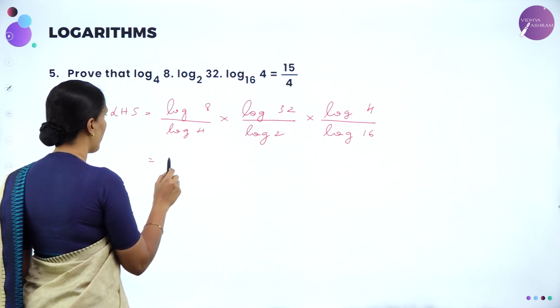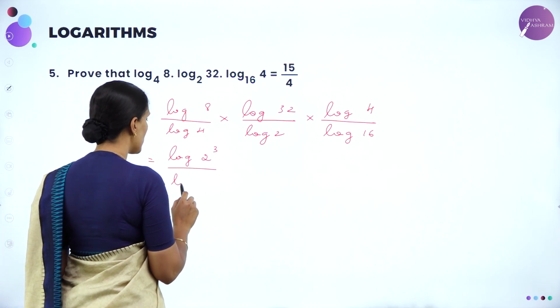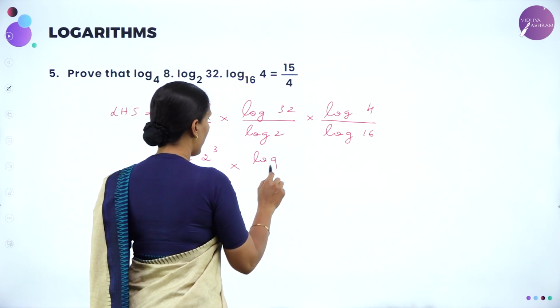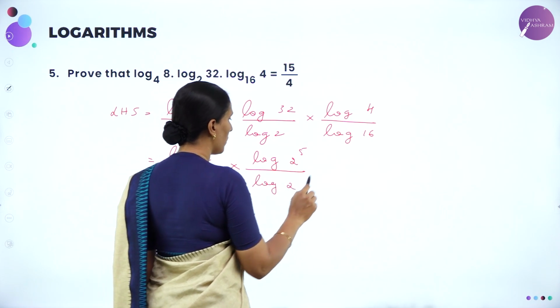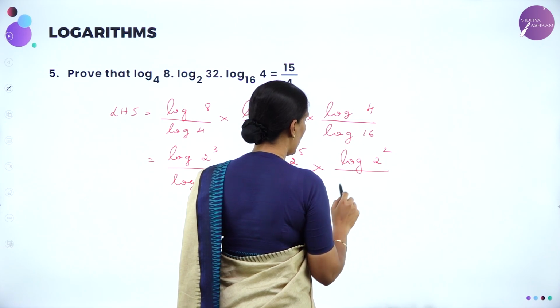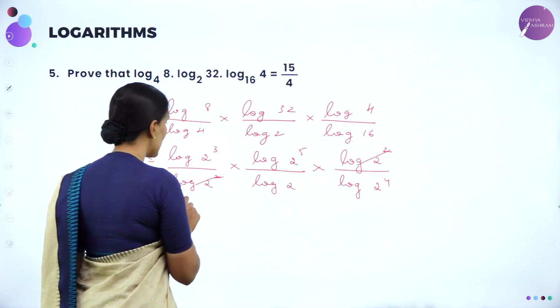So I can write 8 as 2 cube and 4 as 2 square, and here 32 as 2 power 5 and this as log 2. And here again log 2 square divided by log 2 power 4. Clearly I can cancel this.